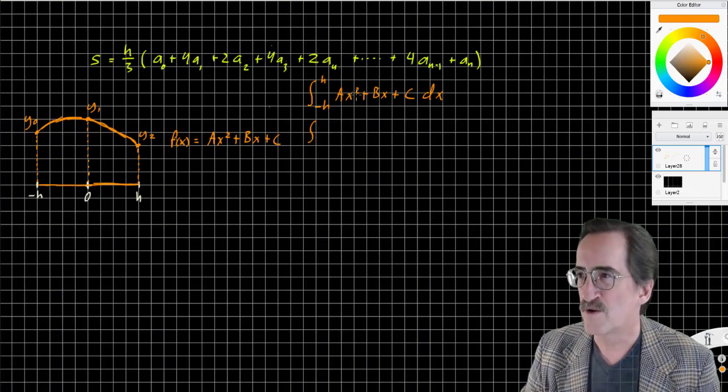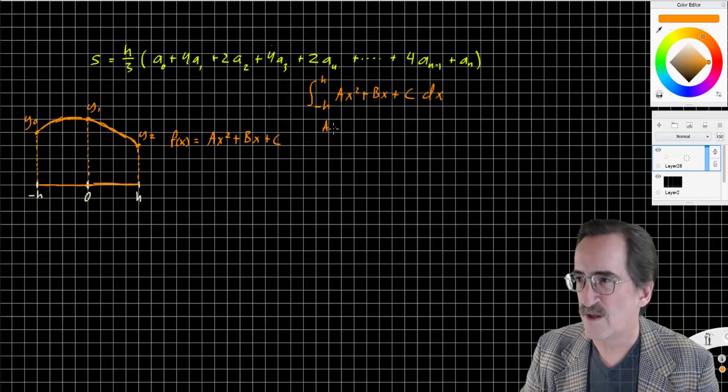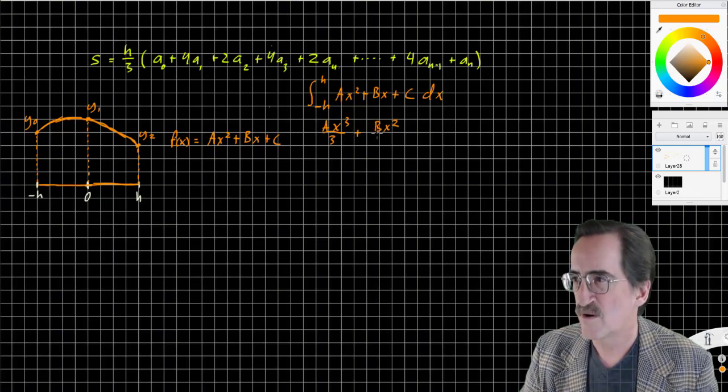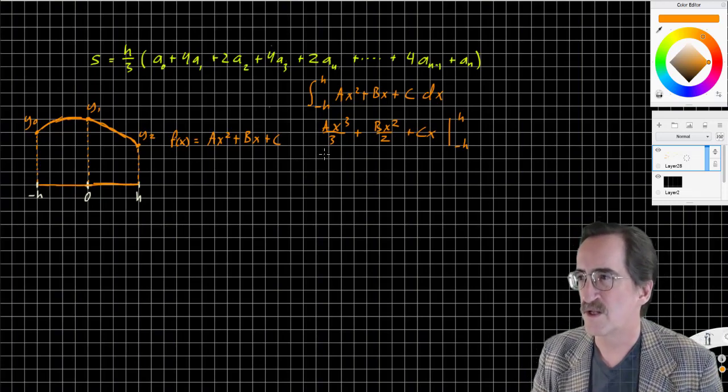This is going to involve a bit of writing, but hopefully it'll work out. So the integral of ax squared is ax cubed over 3, plus bx squared over 2, plus cx. We're going to evaluate this from negative h to h. Let's plug in h.